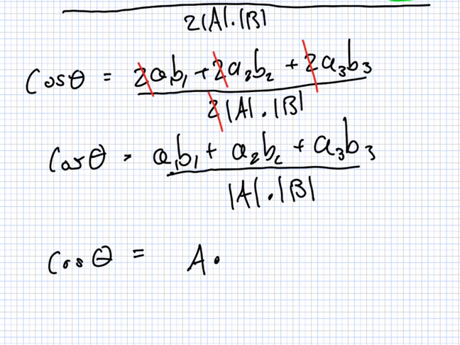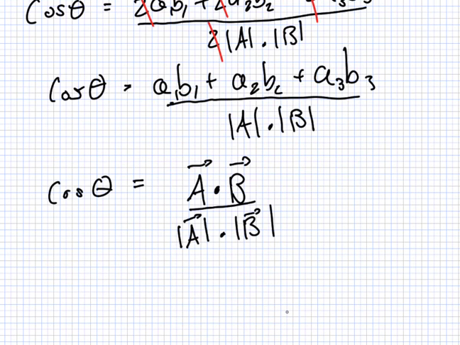On the top, it is A dot with B. Remember that? And the bottom is magnitude of A multiplied by magnitude of B. In fact, if you wanted to, you could simplify this.